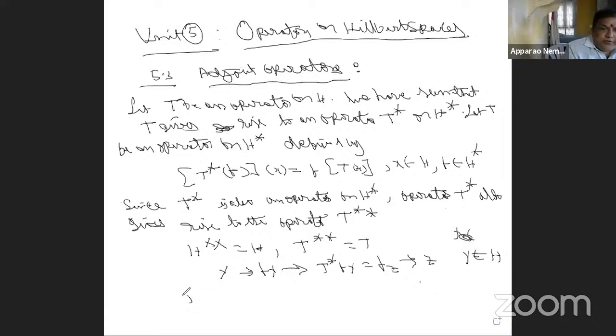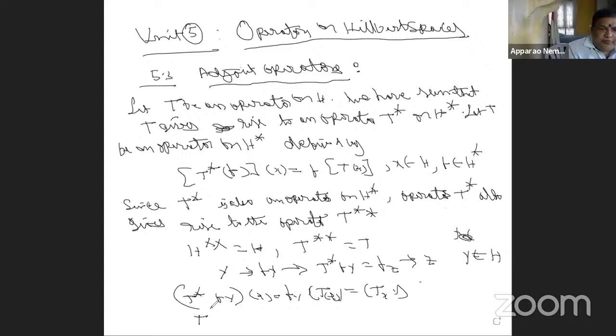Another property: T star f of y into x equals f of y of T of x, which equals T of x comma y.